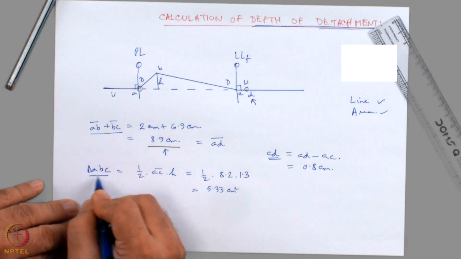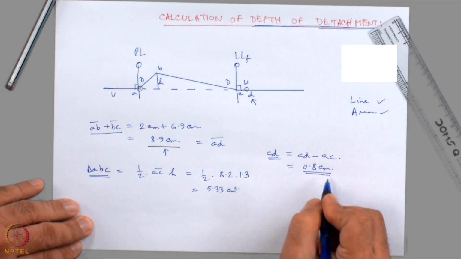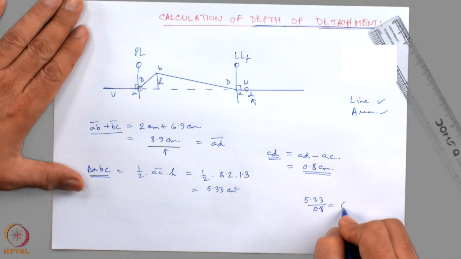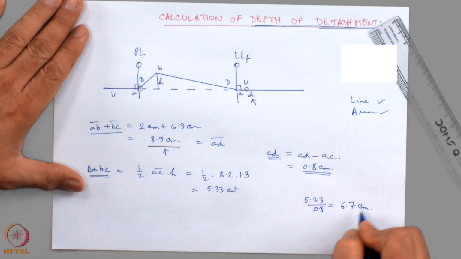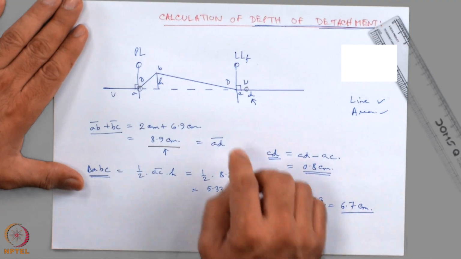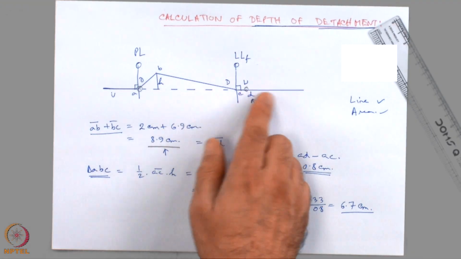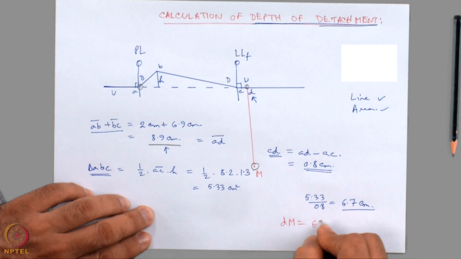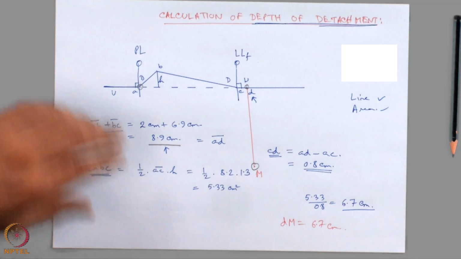Now, I divide this area by this CD length and it turns out to be 6.7 centimeter. I need to draw a line of 6.7 centimeter length in this direction, normal to this line. This length DM is drawn as 6.7 centimeter.